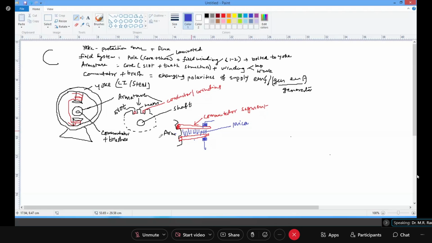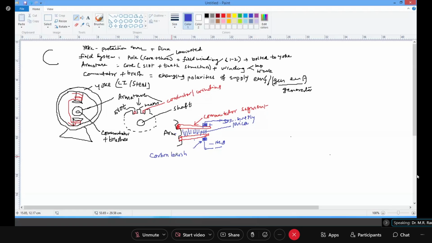I have not drawn it completely, just 2 segments I have shown. This is a positive brush and a negative brush, which are connected to the DC supply. This is the positive brush, this is the negative brush. And these small ones are the brushes, and they are of carbon.